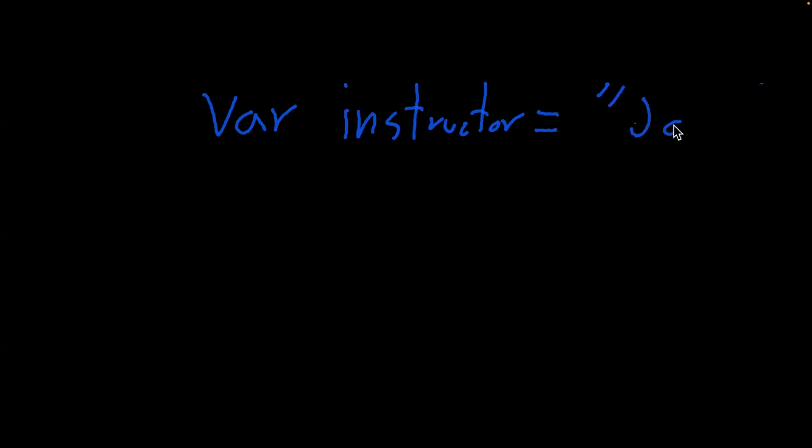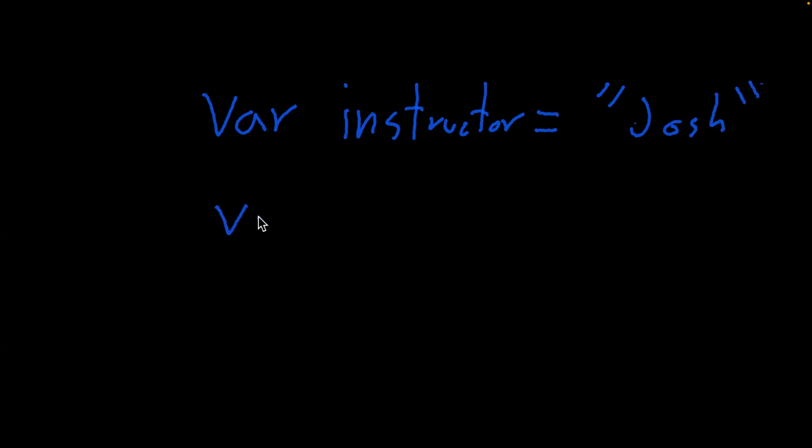We'll declare the variable by the keyword var, and then we'll say whatever we want to name. Let's say var instructor equals, and then I'll give it a value, a type of data value. So I'll put myself here.